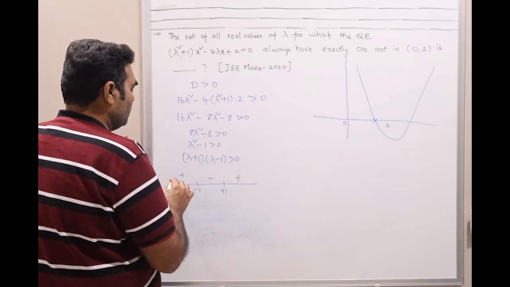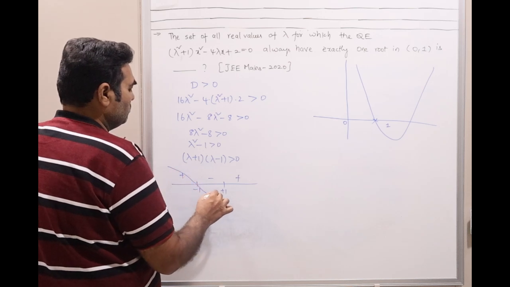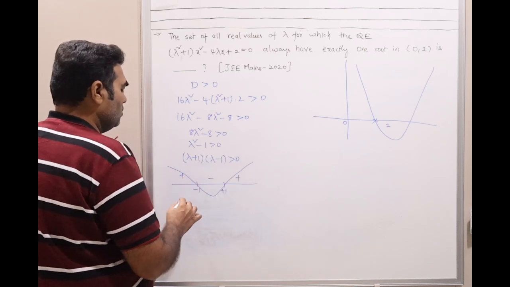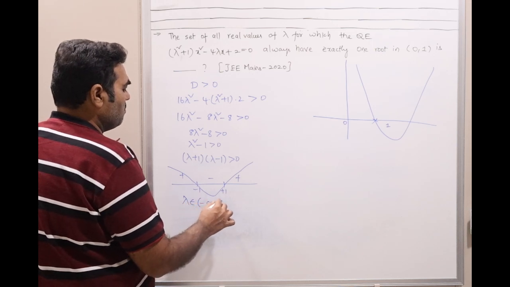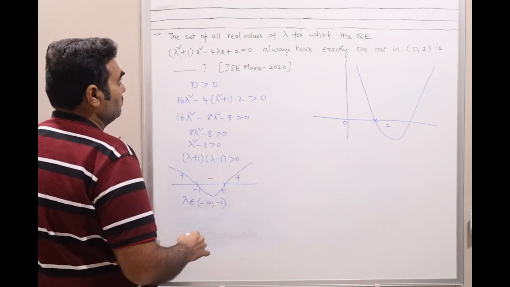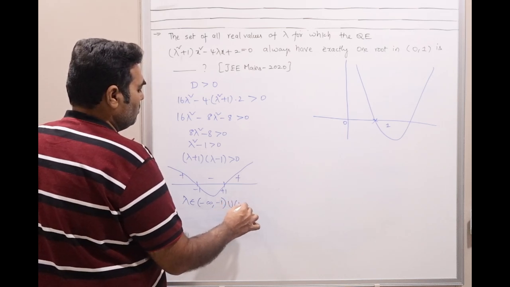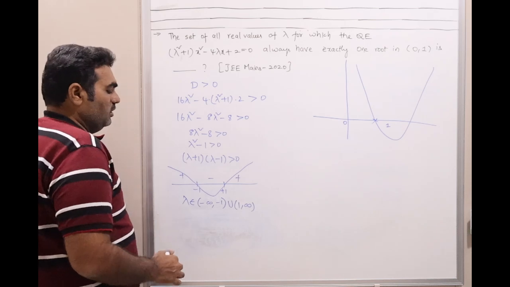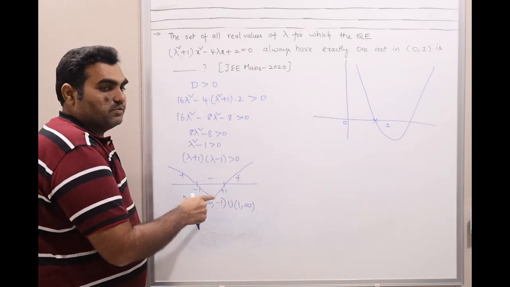He is asking for greater than, so that's why positive values you need to consider. So lambda belongs to minus infinity to minus 1, union 1 comma infinity. All are open intervals because we are considering strictly greater than 0 here.